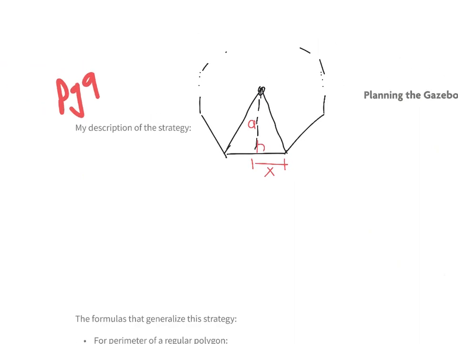Okay, so step 1 is to find the central angle. We need that for any of these. Step 1, we need to find the central angle. Once we find that central angle, we'll call that angle A, capital A there, that's going to be 360 degrees divided by the number of sides.